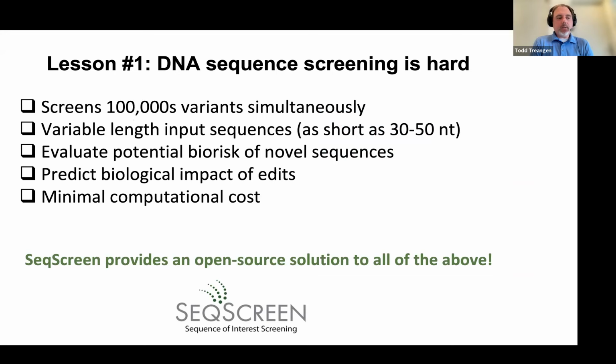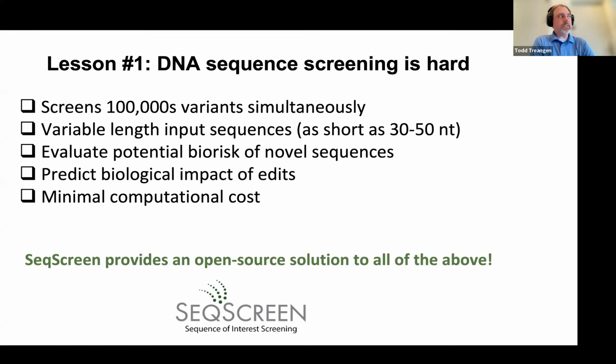Certainly I came into this thinking it was going to be a computationally challenging problem. And on the other side, 5 years later, I still appreciate the fact that it is a computationally challenging problem. And not only that, there are five facets to this that make it challenging. These are not comprehensive, but things that stand out to me.